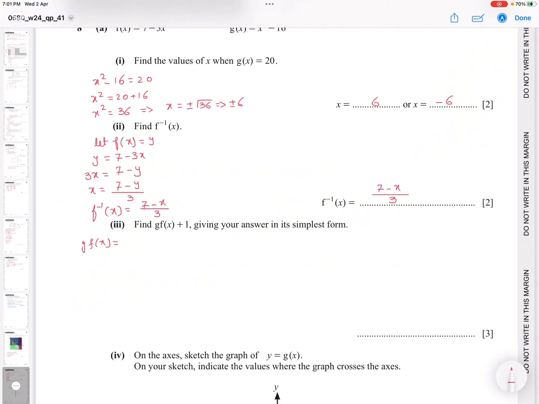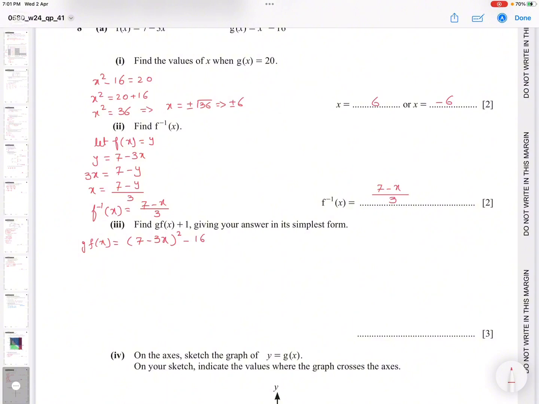So you can write 7 minus 3x. This is the function of f of x, and it will be whole squared, because in g of x the function of g of x is x squared minus 16. So minus 16.